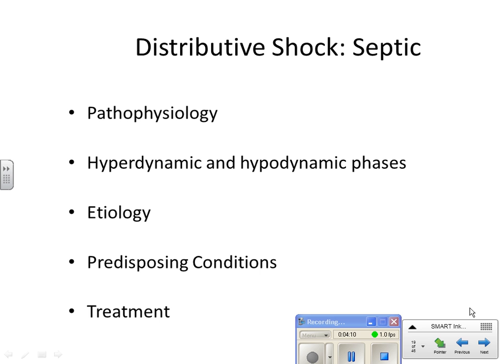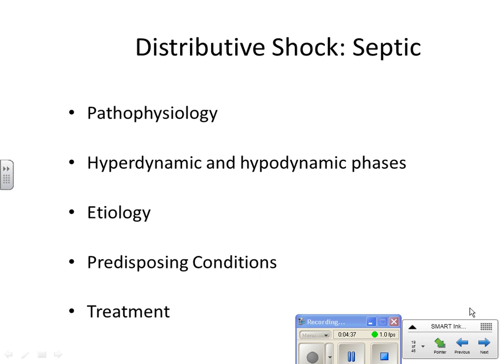So in that warm phase, the initial phase of septic shock, the patient is going to be warm, flushed and pink colored, and you're going to have bounding pulses because the heart is trying to bring a lot of blood into the periphery so that they can diaphorese and release some of that heat. So that is the warm phase of shock.